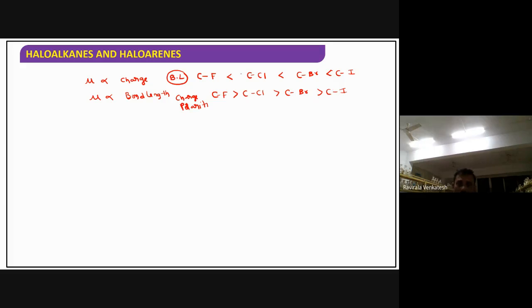Now what you are observing here, C-F has less value in this case, and in this case C-F has more value. Now dipole moment should depend upon charge or bond length. For example, if dipole moment depends upon polarity or charge, which will have more dipole moment, tell me? C-F or C-Cl or C-Br or anything?